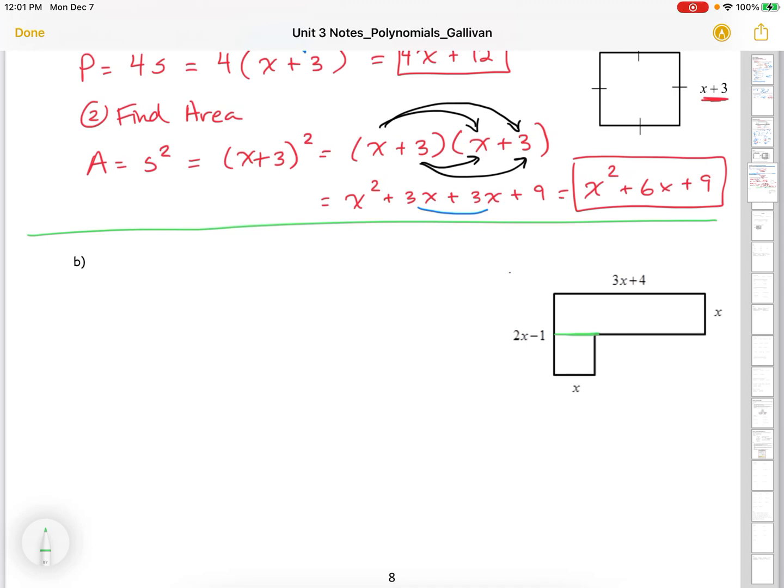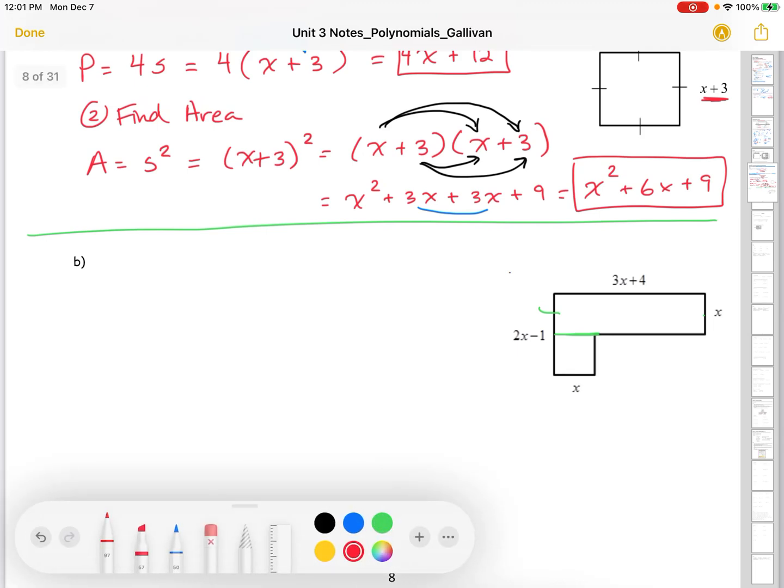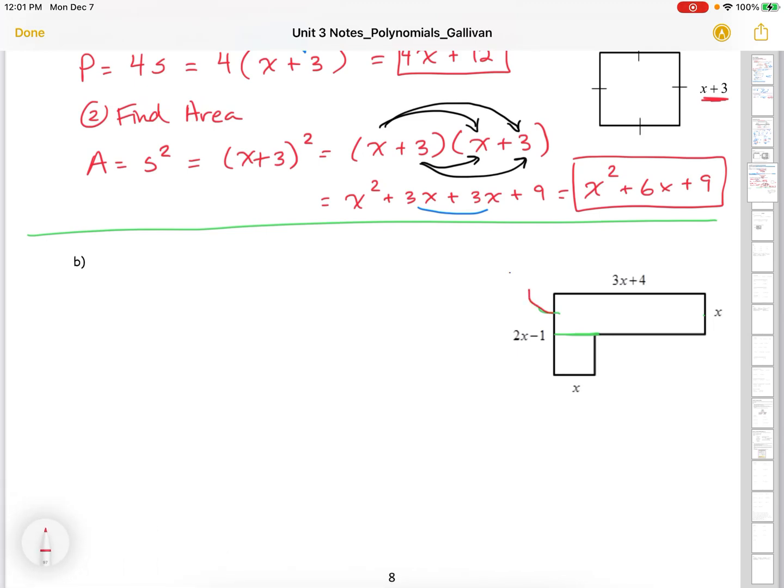This whole length here is 2x minus 1, but this side here is x. So that tells me that this side is 2x minus 1 minus x. For this side here, let's see what that is. 2x minus 1 minus x equals x minus 1.